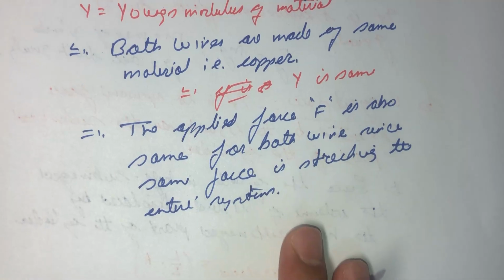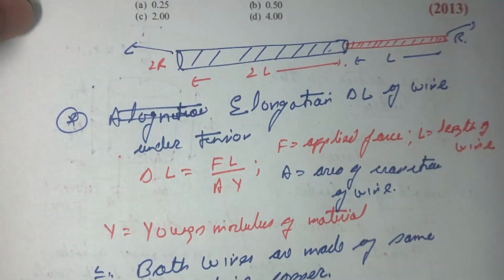So let us find out delta L for the thin wire and delta L for thick wire.